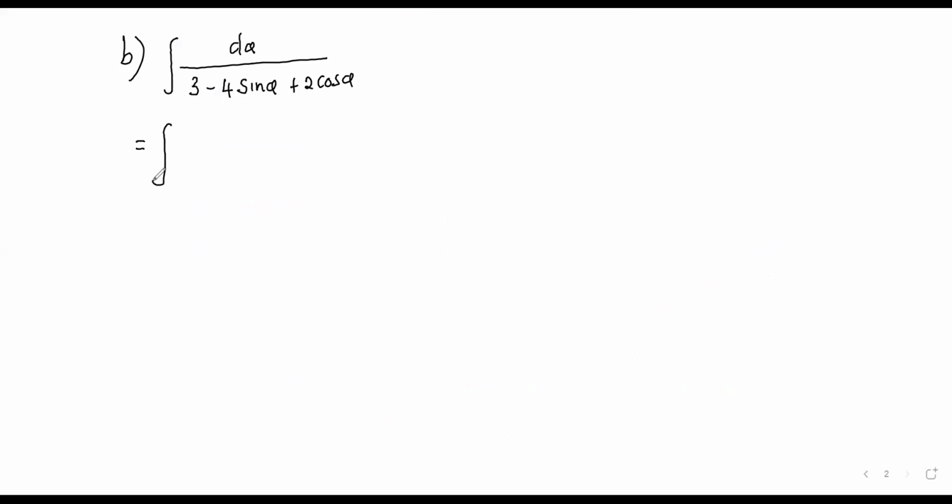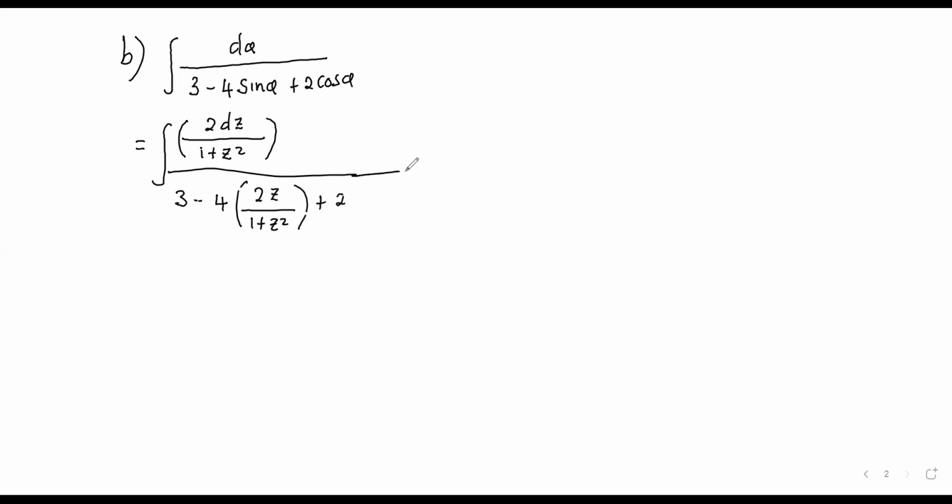Our d theta, as usual, is 2 dz over 1 plus z squared, over 3 minus 4 sine theta, where sine theta is 2z over 1 plus z squared, plus 2 cos theta, where cos theta is 1 minus z squared over 1 plus z squared.